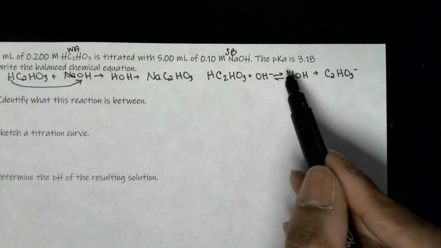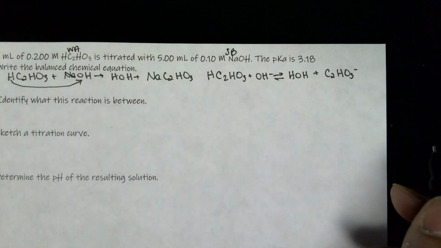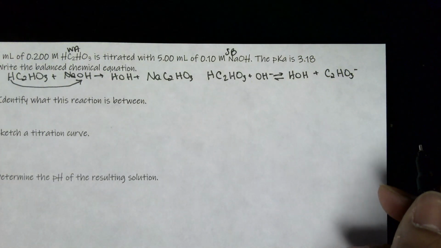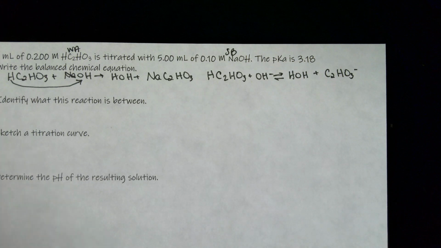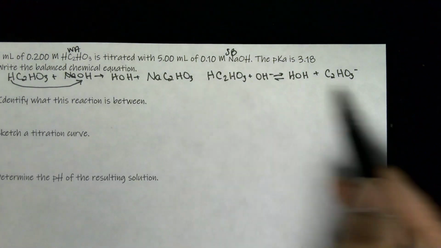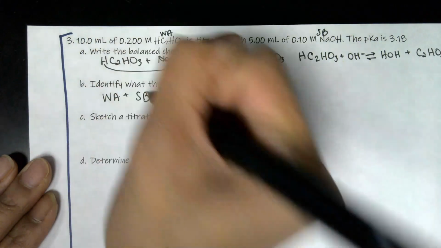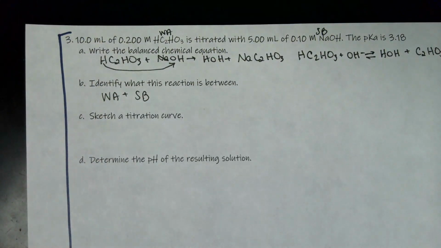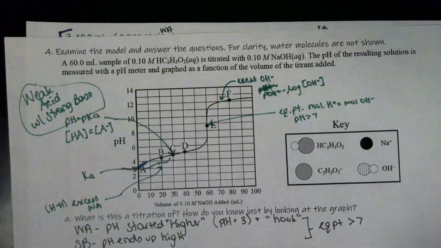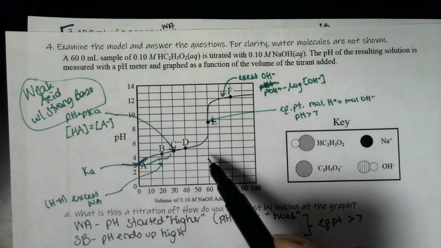It's not like with HCl, where the Cl was also going to be a spectator. If we're titrating these two together, we expect a pH that might be fairly low here. This is our equation, and this reaction is between a weak acid and a strong base. Think back to the titrations with a weak acid and strong base, back up at number 4 when I did this with topic 8.5.